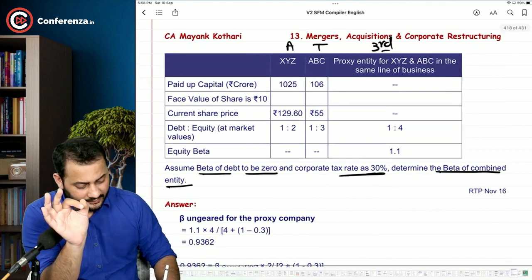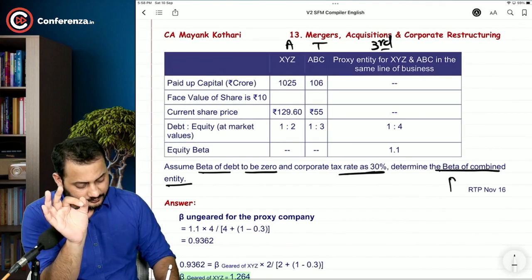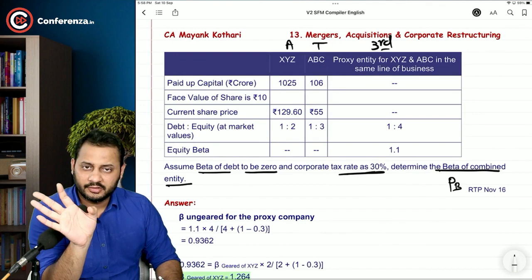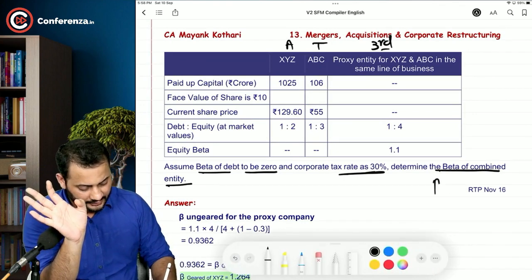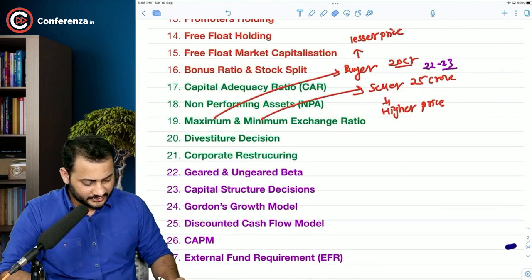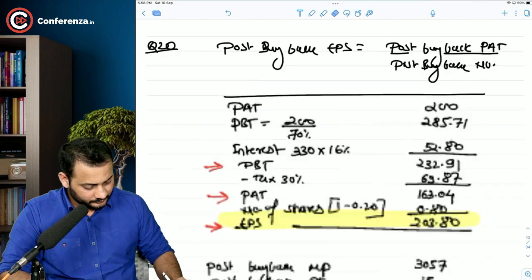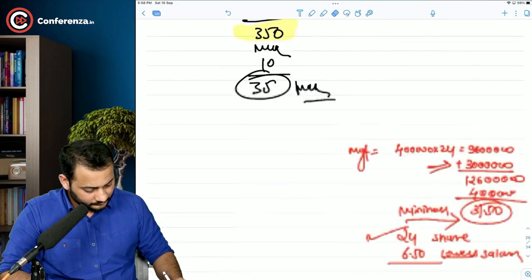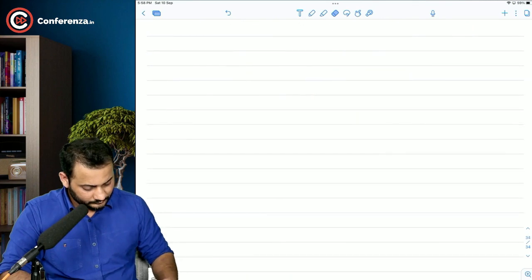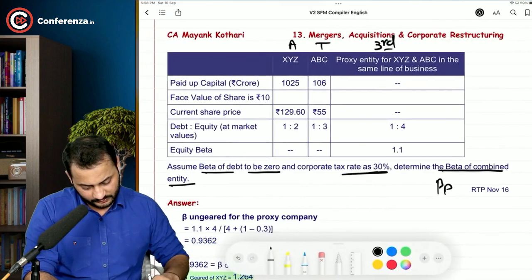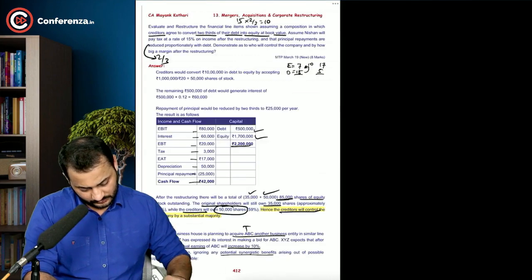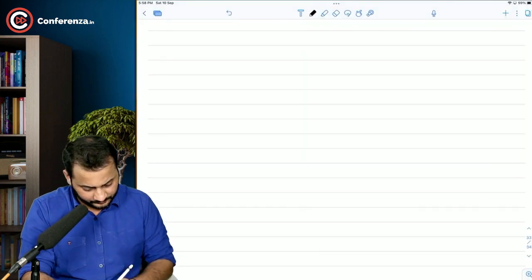Combined beta means portfolio beta, right? Beta of the portfolio. And how do we calculate the beta of the portfolio? Let's go step by step. This is question number 58.